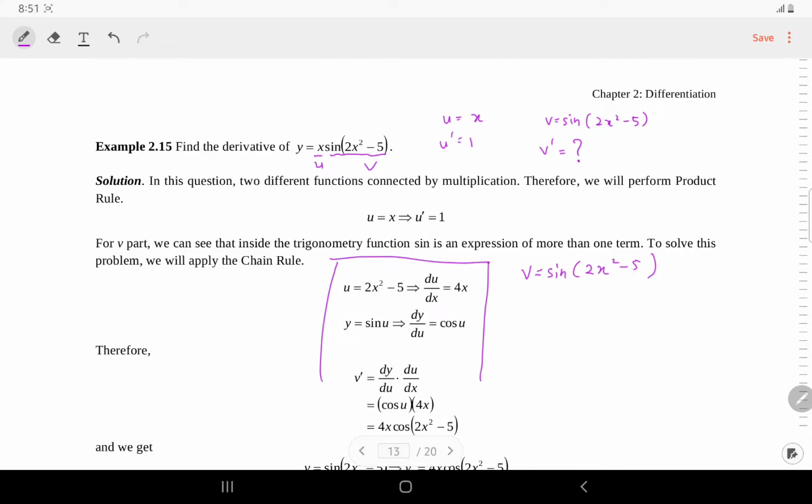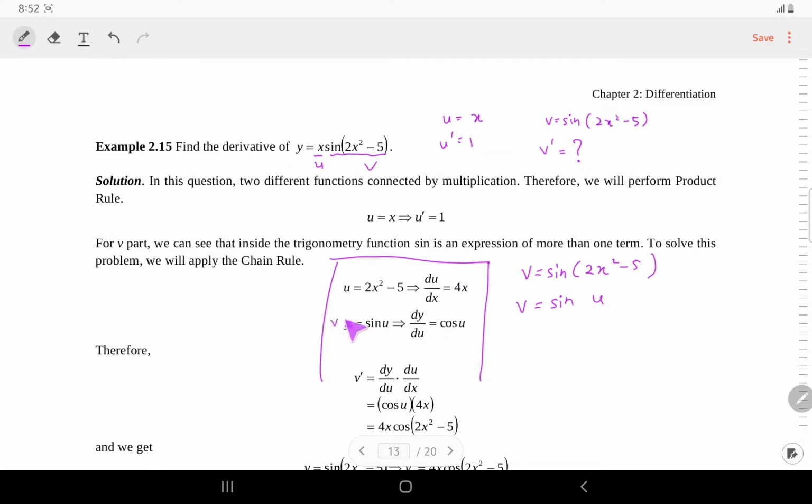Cara dia yang dekat sini. Okay, so we assume our u, yang u ni lain, u yang ni for the product rule. This u is for the chain rule. So our u is 2x squared minus 5. So this function will become v equals sine u.